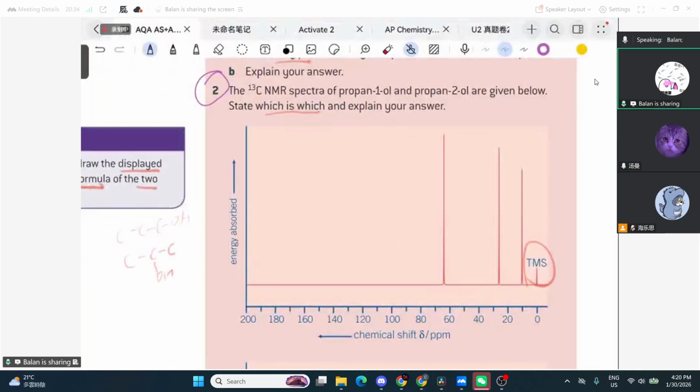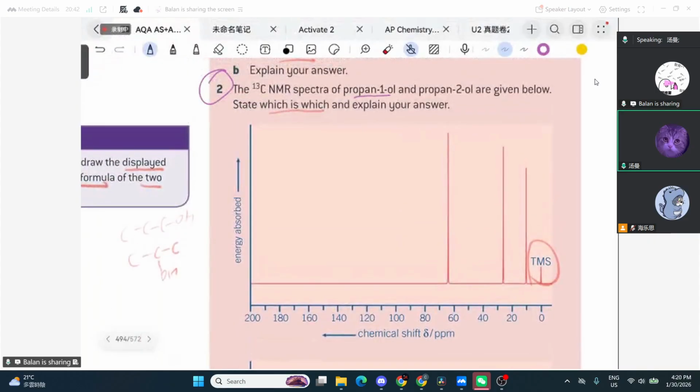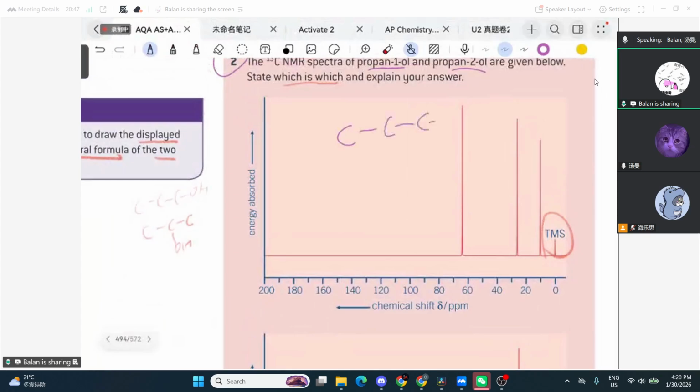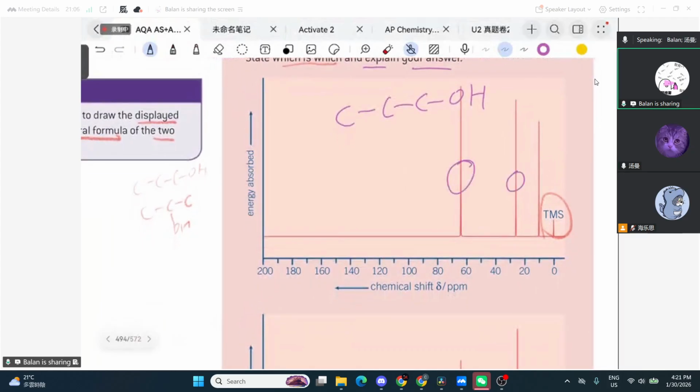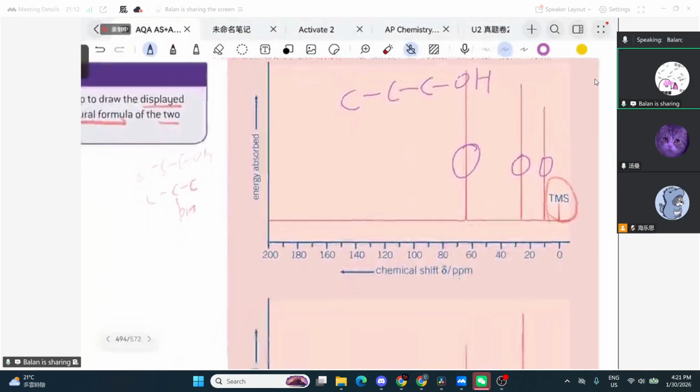Which is which? The first one is propan-1-ol, because it has 3 carbons, all in different environments. Okay, 3 peaks. It means that this substance has 3 carbon atoms in different environments.